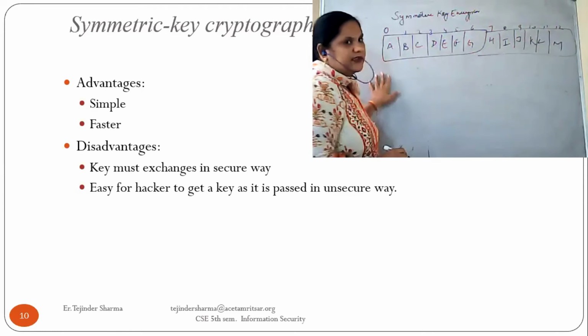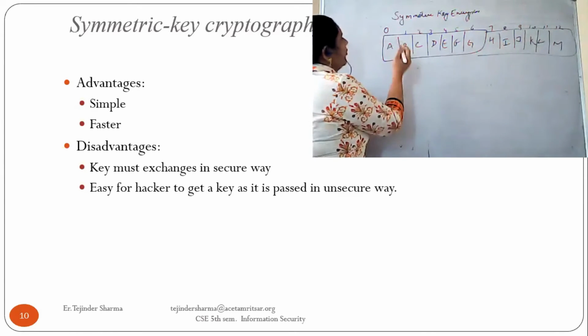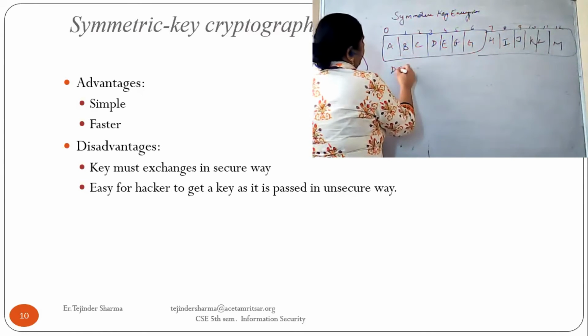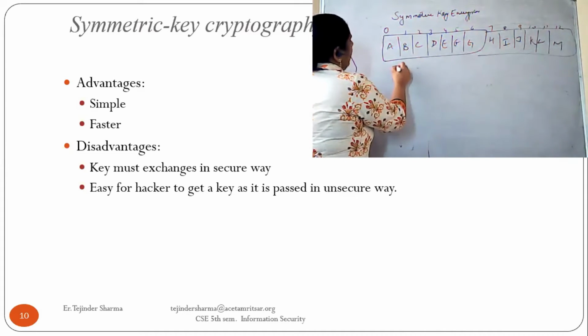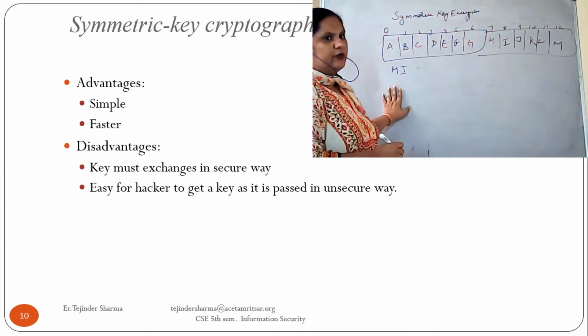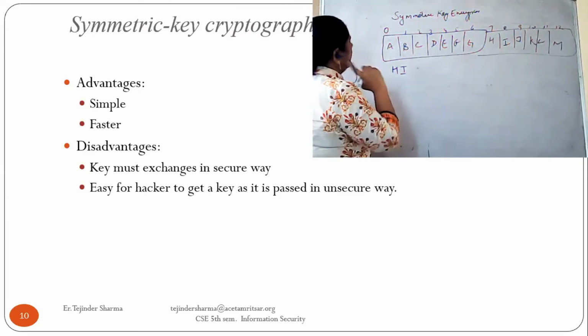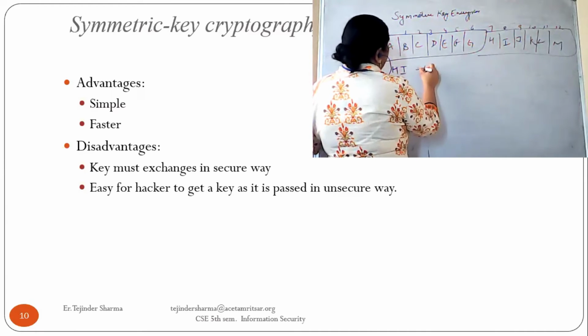Okay, I just take an example. Suppose this is the text I want to send, DEF. I want to send, say, hi to some person, and I send the key +4.